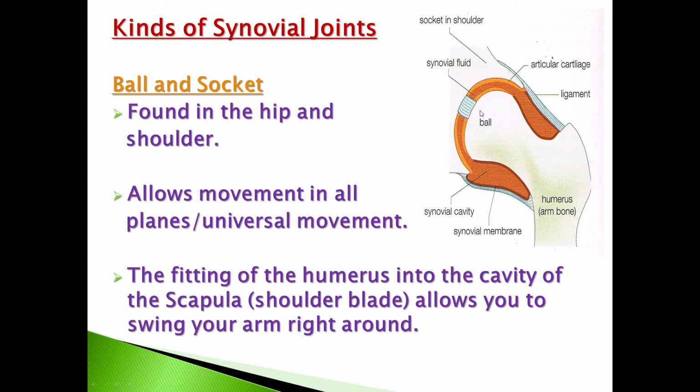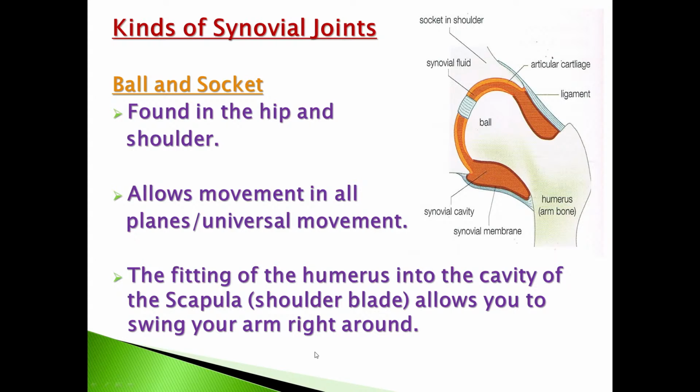Now, the third point is just giving you an example of where you find a ball and socket joint, and giving you the description of the concept. They are saying that the fitting of the humerus, so when you look at the labeling, you will realize that this bone is known as the humerus, into the cavity of the scapula, which is the shoulder blade, allows you to swing your arm right around.